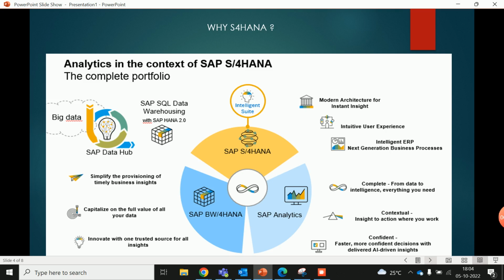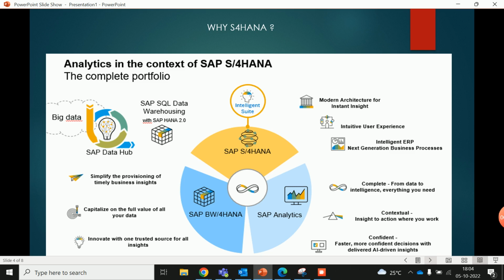Also, S4 HANA can be integrated with the Internet of Things, networks, and big data. Right now, as we know how fast the world is changing and how data volume is increasing, SAP's S4 HANA is very good at processing that data in a very fast way.